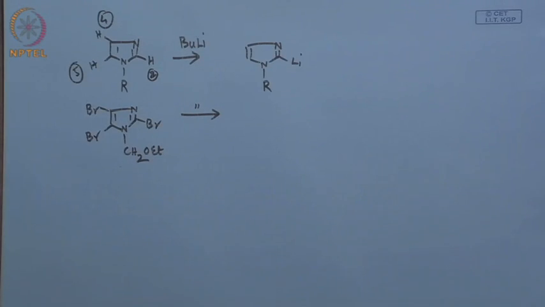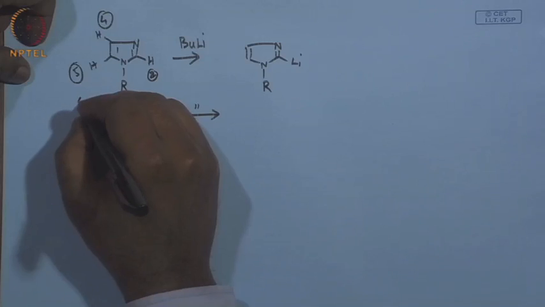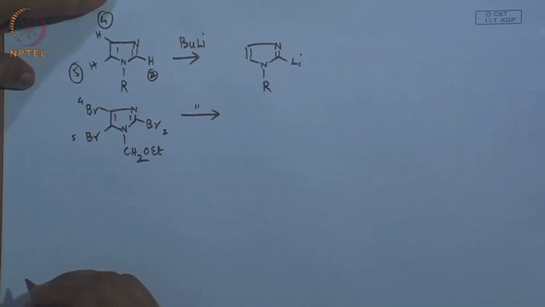So, what do we expect? So, that means again this is 2 and 4 and 5, and what is the region you said is the 4 position?